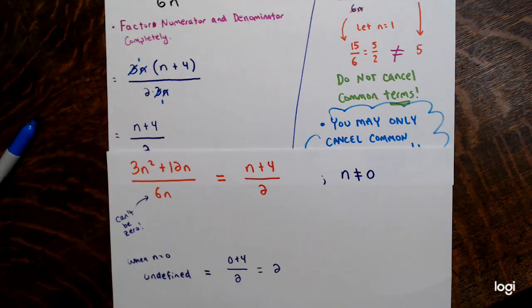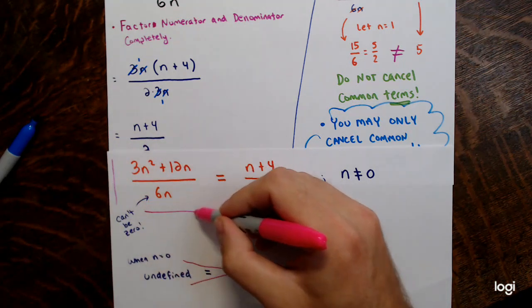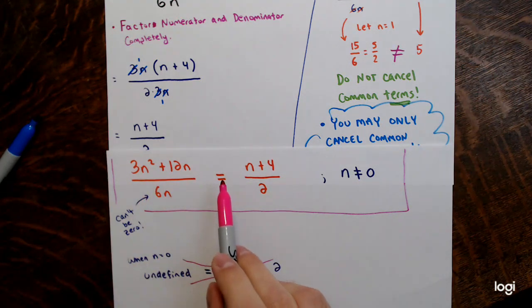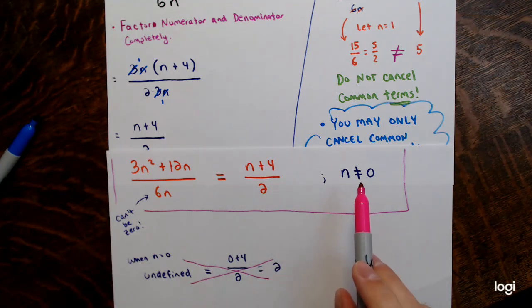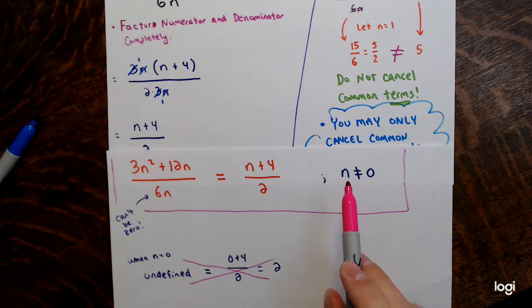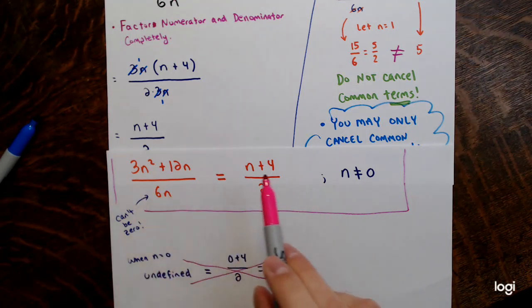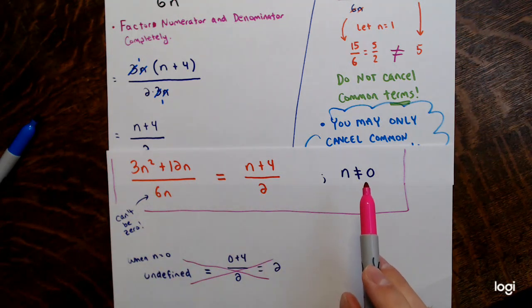So this is wrong. Very often when you see a fraction written as equivalent to another fraction like this, you will also see either a little comma or a semicolon, and then off to the side, values that they won't be equal for. These will be equal for any value of n except 0.